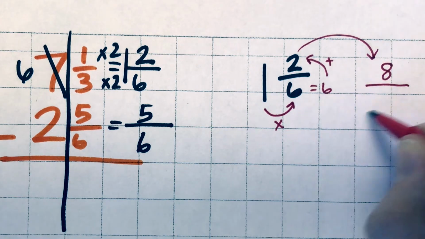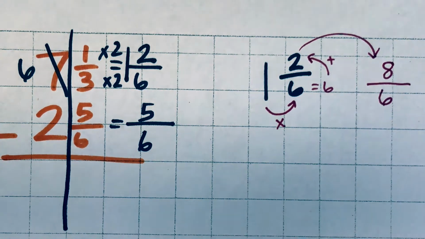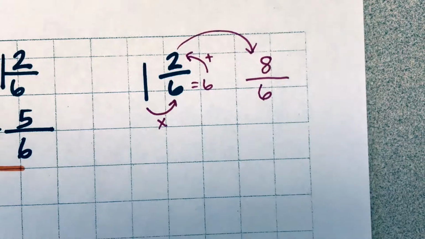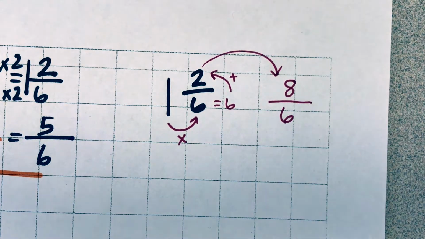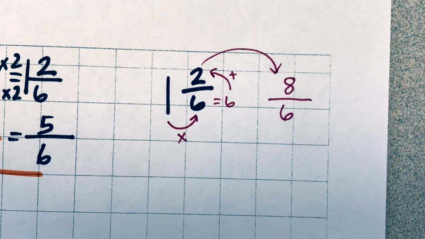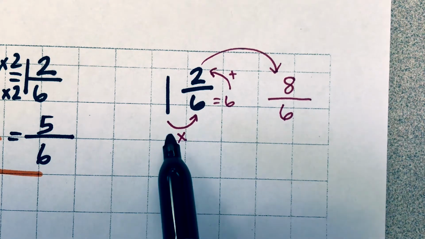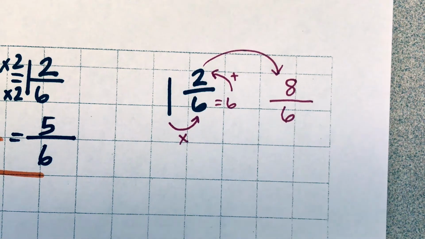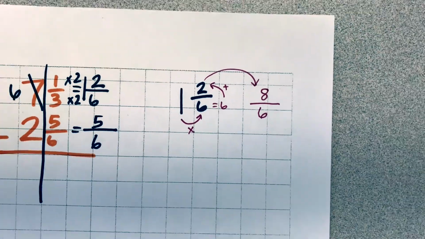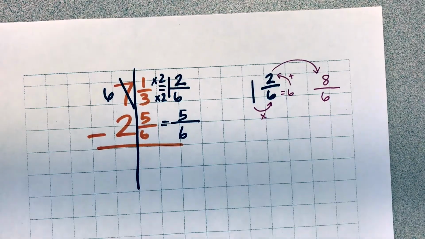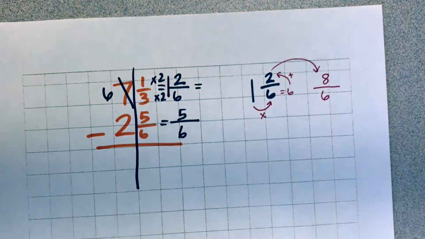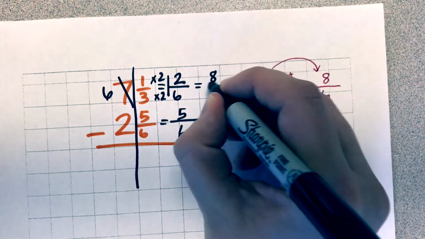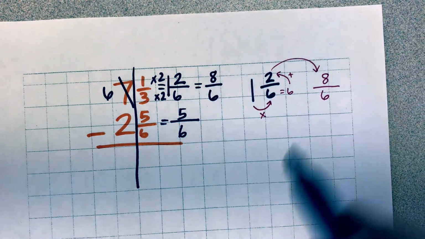Then we just pull over that old denominator and we end up with 8/6. I just wanted to close in on how that process works. It should be a review: you multiply across the bottom, add at the top, and then you have your new numerator. So 1 and 2/6 is equal to 8/6 as an improper fraction.